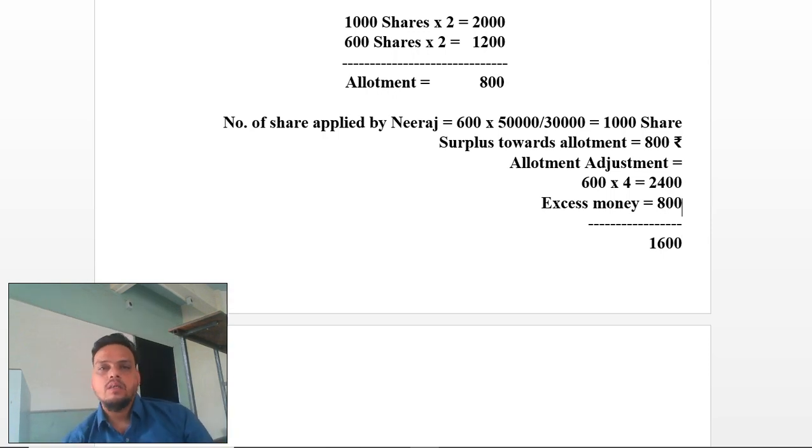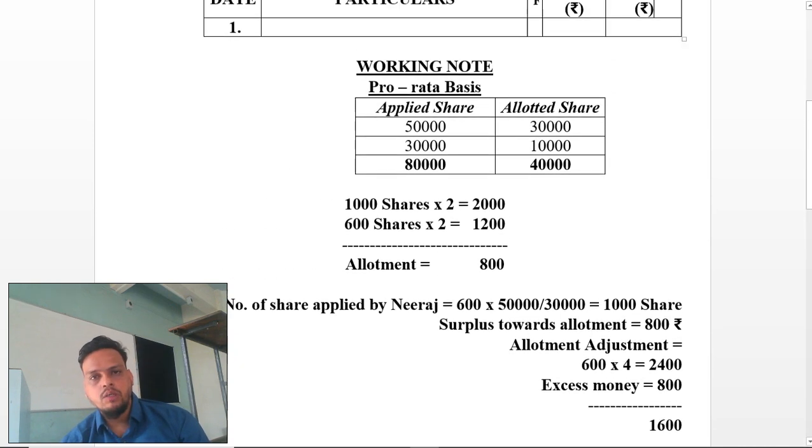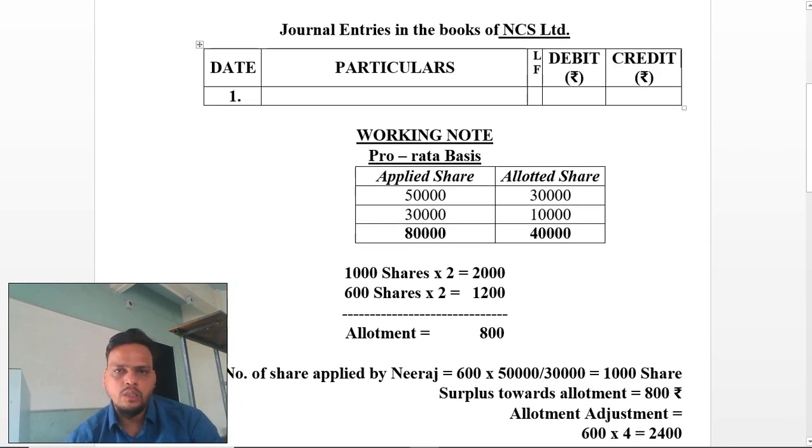Now this is the concept which we are doing in a journal entry form. Let's begin with the journal entry and then we will carry forward. This part has to be done on the allotment process. Before that, the three journal entries will be entered over here, because we need to make sure that the amount received by the organization is correct.